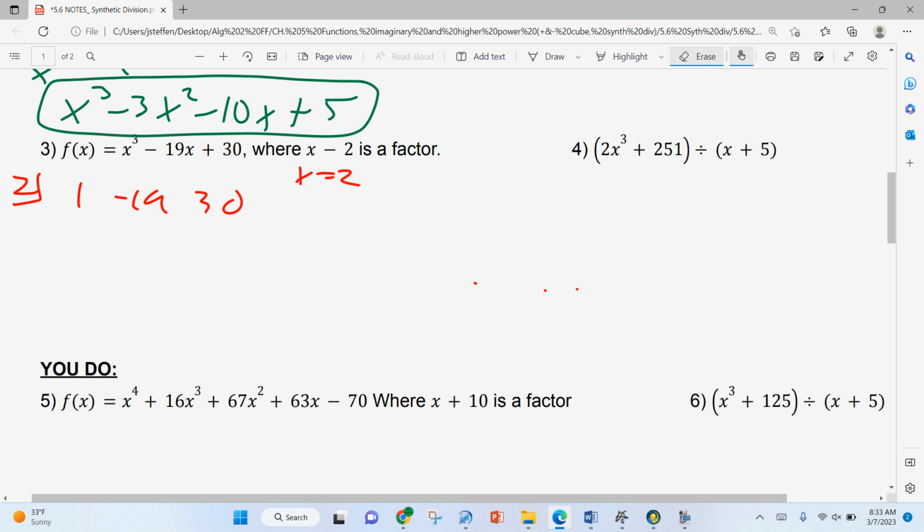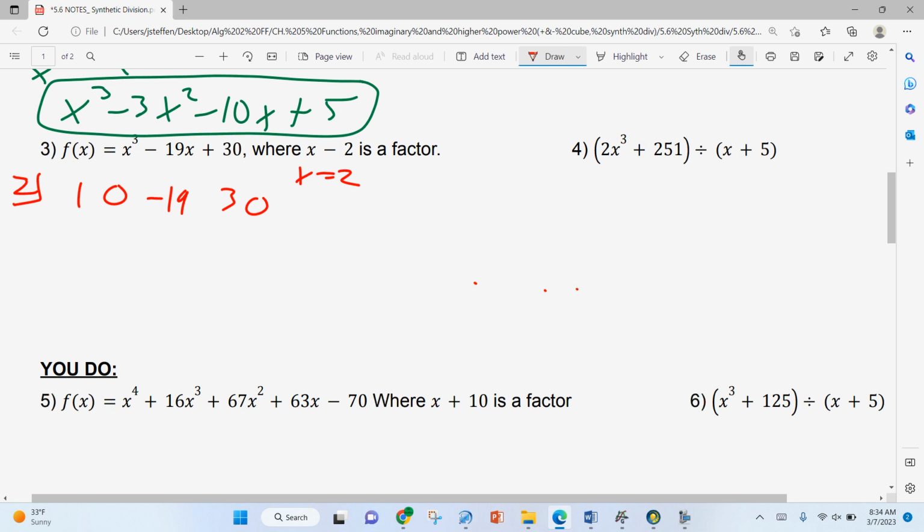Remember, every exponent needs a place. Every exponent needs a place. So I have an x to the third, so that's 1. If you don't have an x squared, you still need to put a 0 in for that, because technically it's 0x squared. And then we have -19 and 30. Now again, before you even start, you can tell. I just see this has an exponent of 3, so that's our starting point. So it should have 3, 2, 1, 0. We're missing the 2, so we need that 0 part.